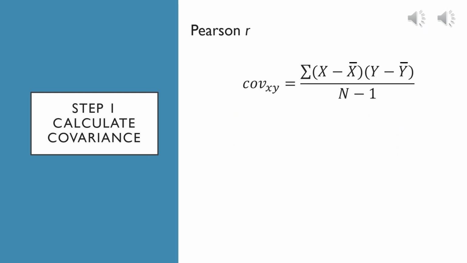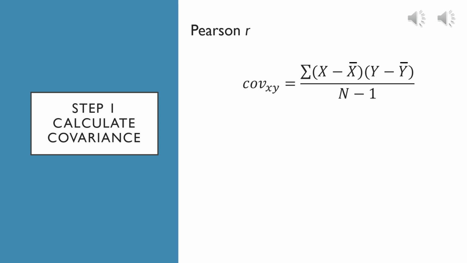Well, you remember back to last chapter when we were talking about correlations and first needing to calculate the covariance between the two variables. Well, guess what? We do exactly the same thing for linear regression. So first we're going to calculate the covariance between weeks since last vacation and stress.